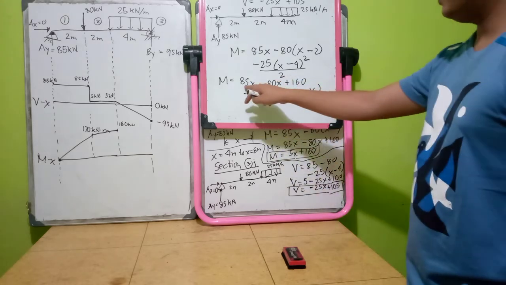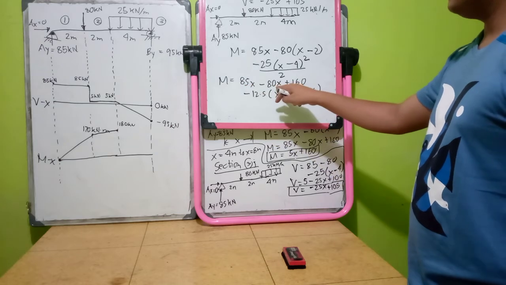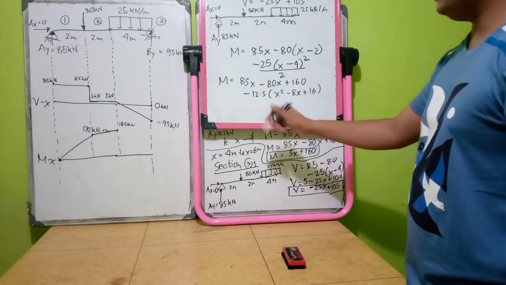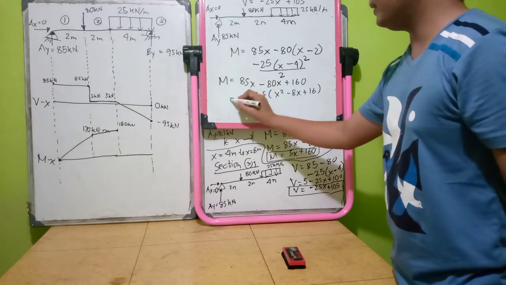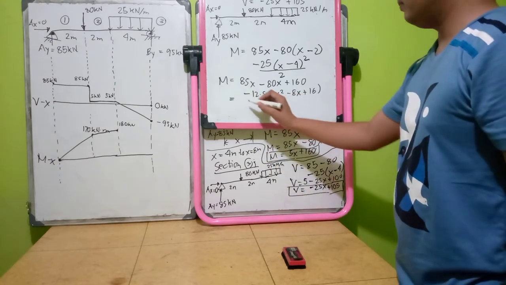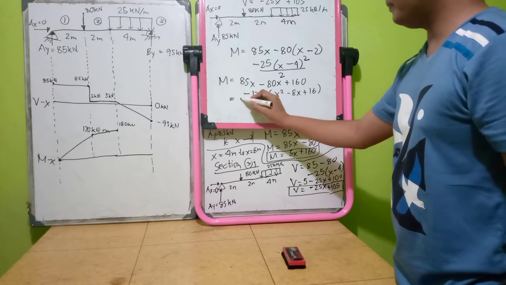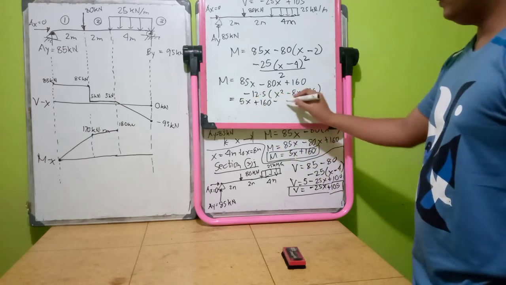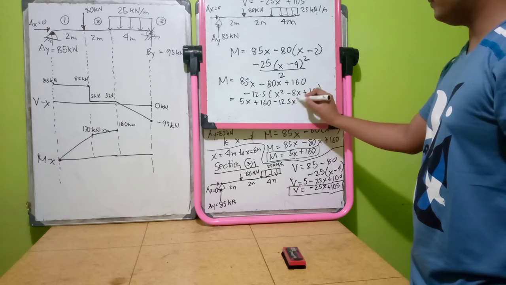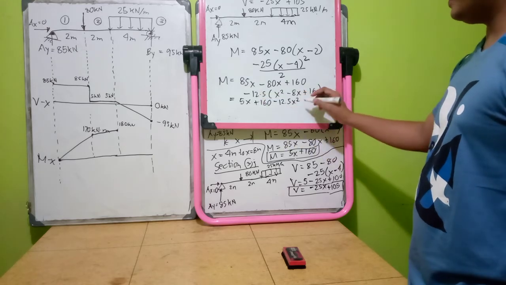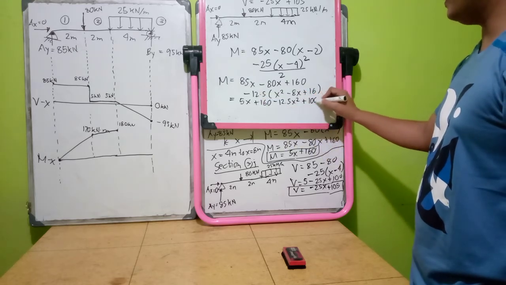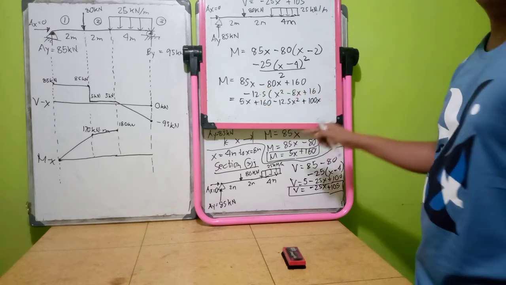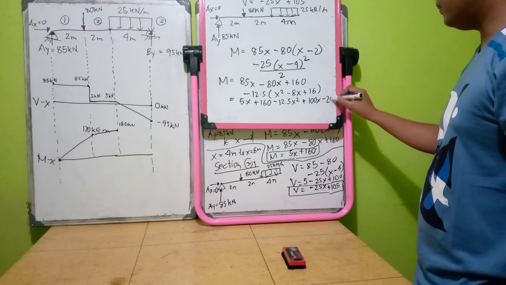So we have 85 minus 80, so we can resimplify this: 5x plus 160 minus 12.5x squared. 12.5 times negative 8 is 100x. Negative 12.5 times 16 is negative 200.